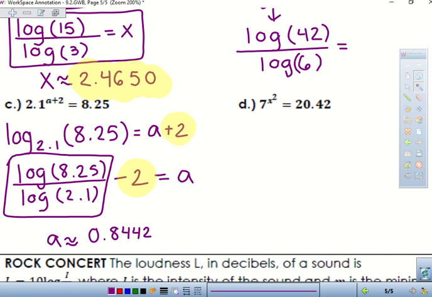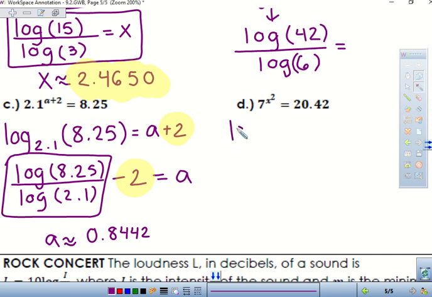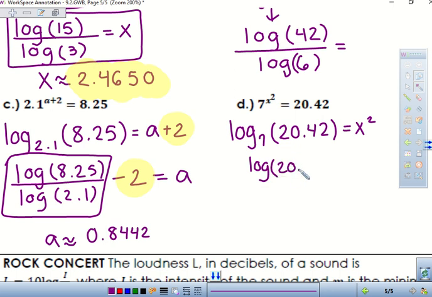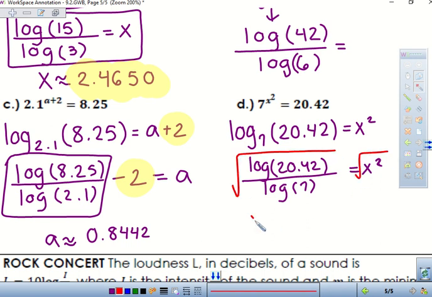All right. Next one, this would be log base 7 of 20.42 is equal to x squared. This can be rewritten as log of 20.42 over log of 7 equals x squared. How do I get rid of x squared? Square root both sides. The best way to do this mathematically to approximate is to do it all in one step. That's a little bit important.